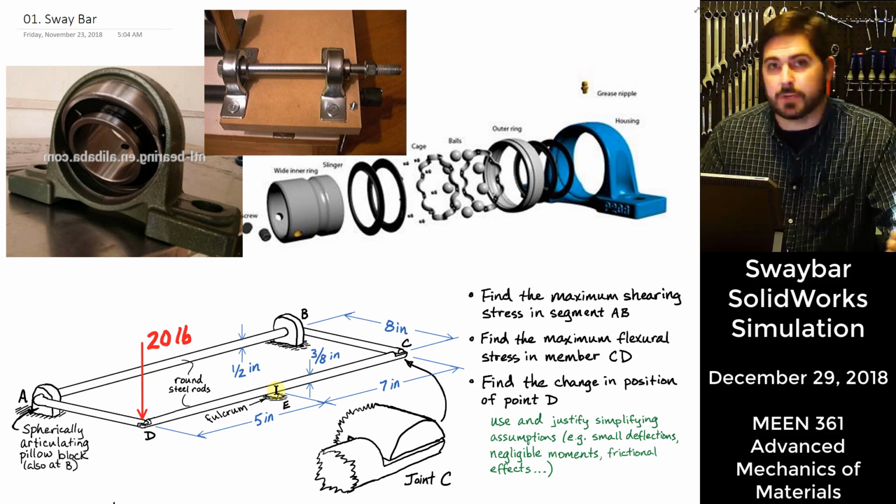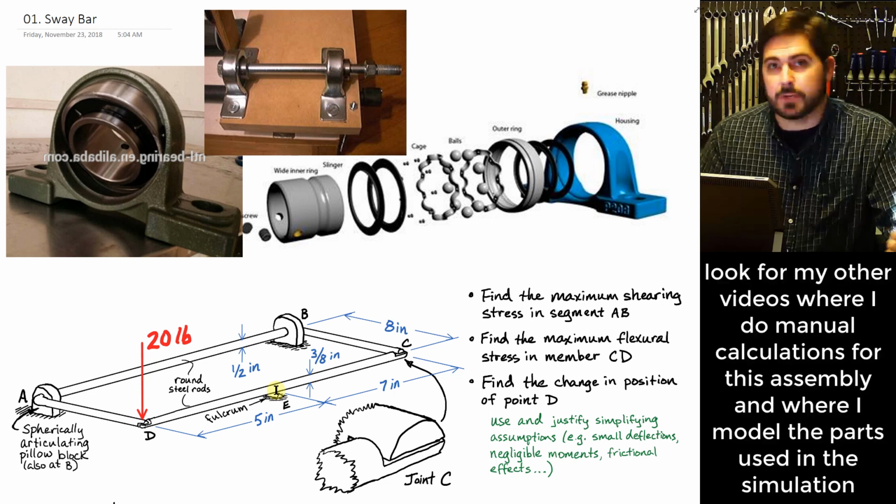There might be a few other things that I'll show you how to find while we're doing this SolidWorks simulation. I did another video where I showed how to build all of the parts in SolidWorks, how to actually model those parts so that we could use them for this simulation.